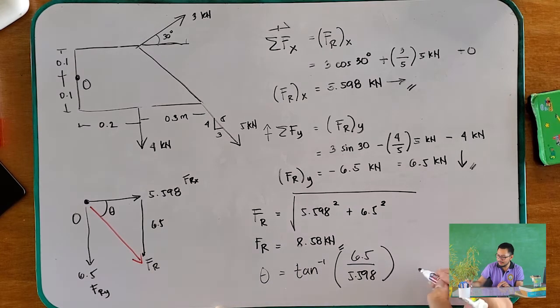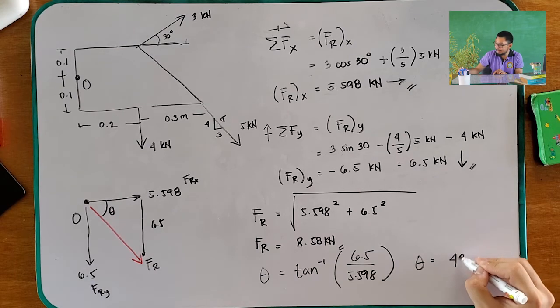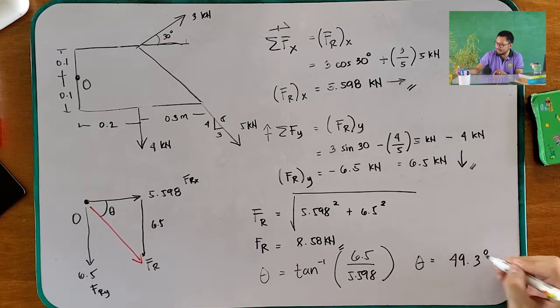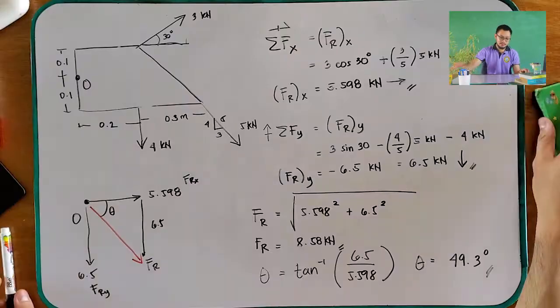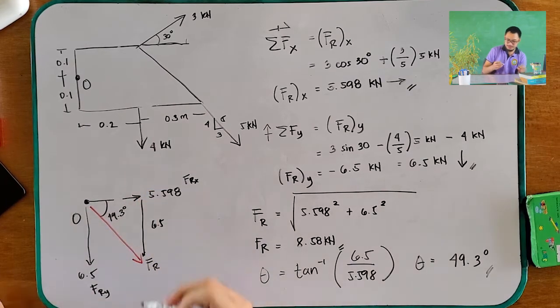And therefore, your theta is equal to 49.3 degrees.